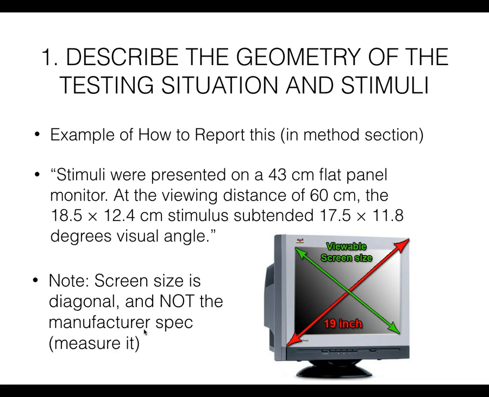You're moving this because these eye trackers need to know that information down to the millimeter. In fact, for most of the eye trackers, you actually have to enter that information into the computer. You have to tell it the screen size in number of pixels, the physical dimension size, and the distance, in order for it to calculate saccade amplitude in degrees.